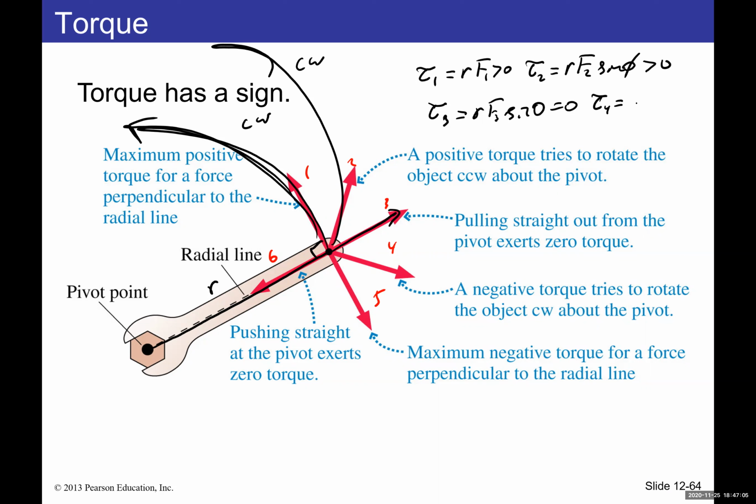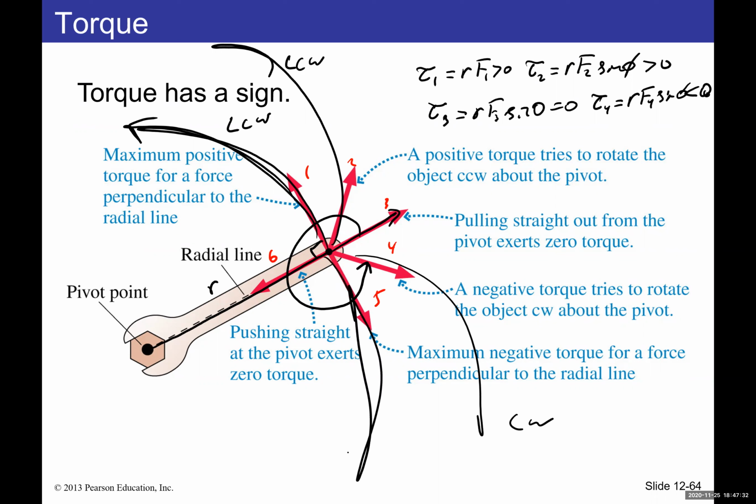Torque 4 will be r times f4 times sine of phi, and you can see that the sine of phi itself is already going to give you a negative. So it is a negative torque, because its sensation is going to be rotating clockwise. Oh, here counterclockwise, sorry. And the same thing with 5.